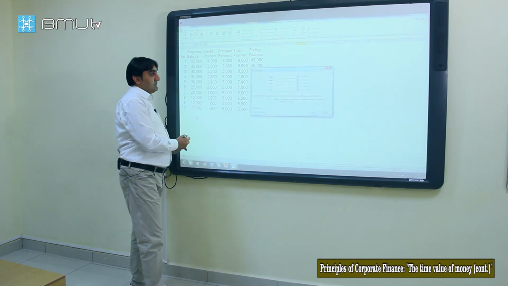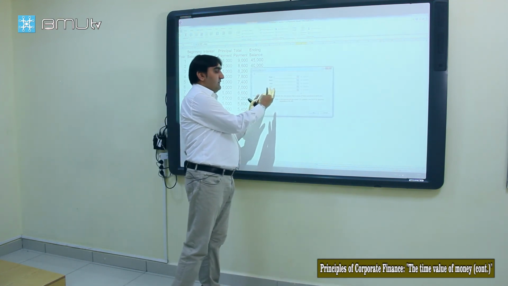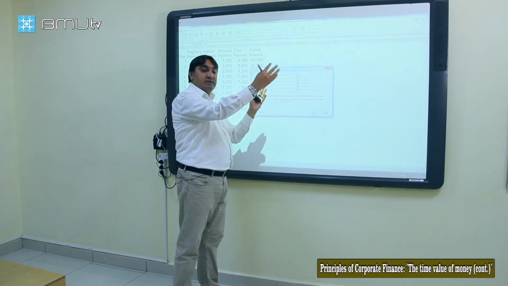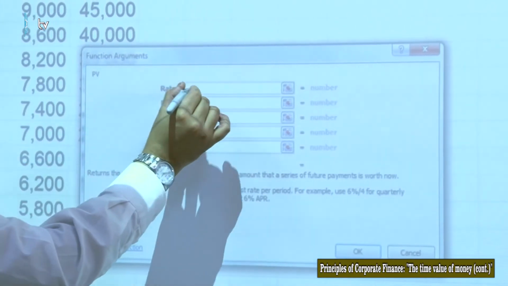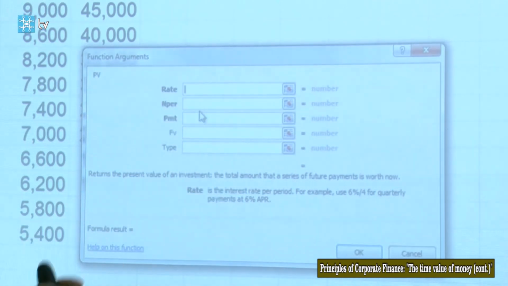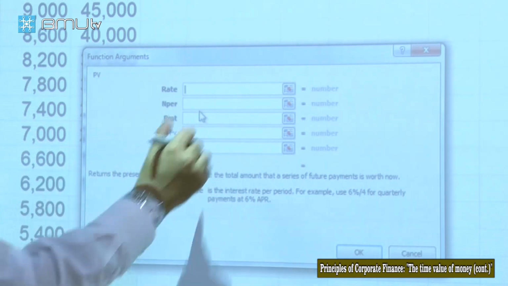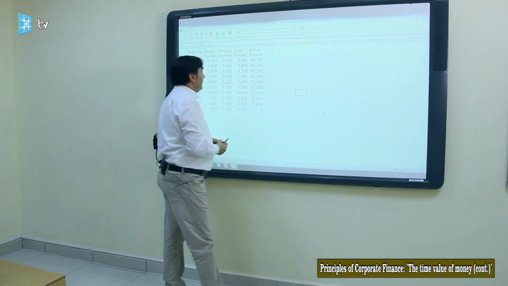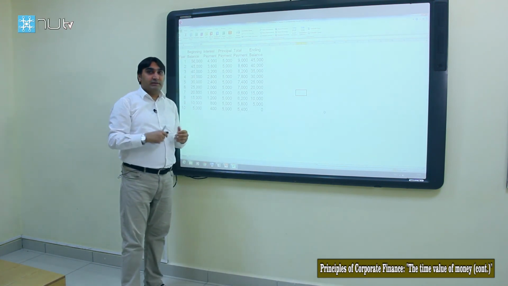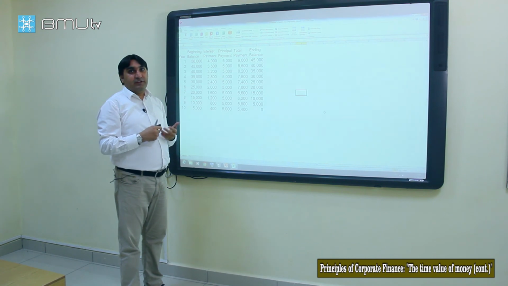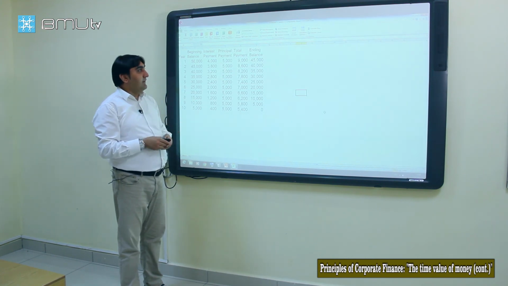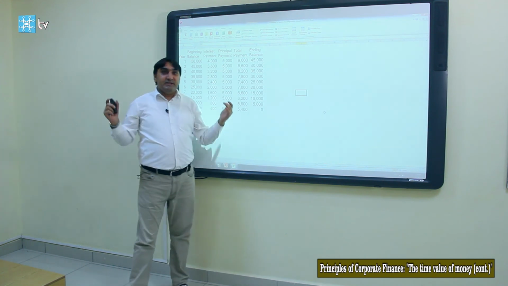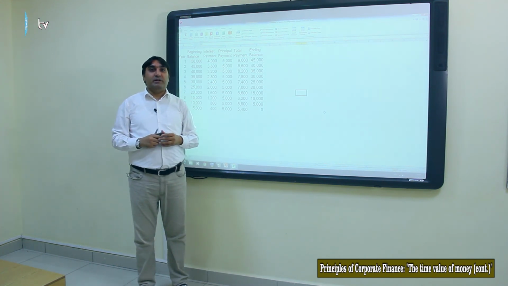With the PV formula, we may find the present value of a single cash flow or annuity. We have rate here. We put in the number of periods. For future value, we get the present value of a single cash flow, or if we put in payments and other indicators, we get the present value of an annuity. So Excel has all the details to find present value, future value of cash flows, and do all other financial calculations.